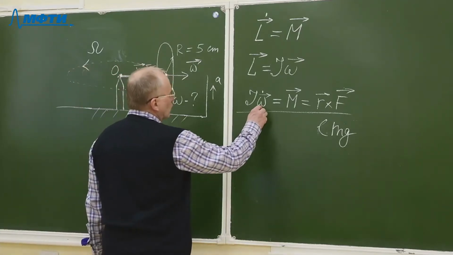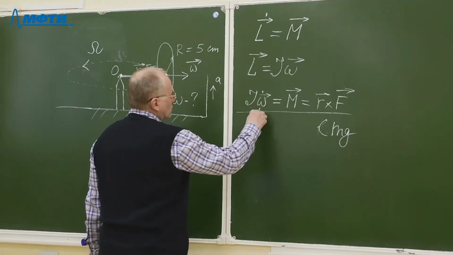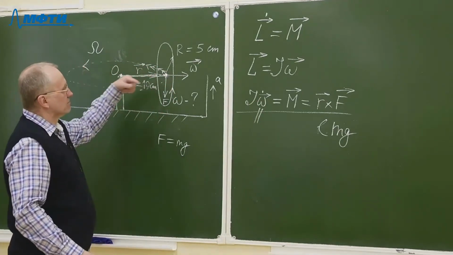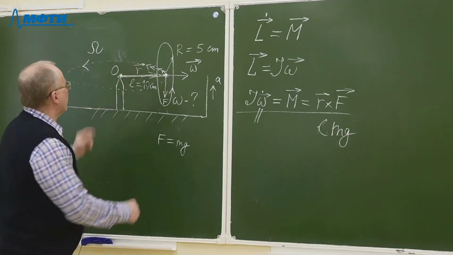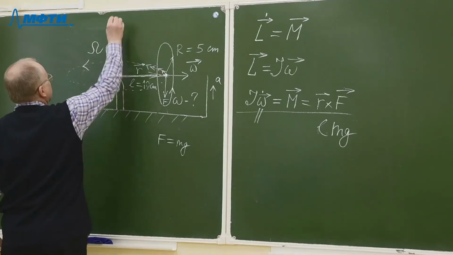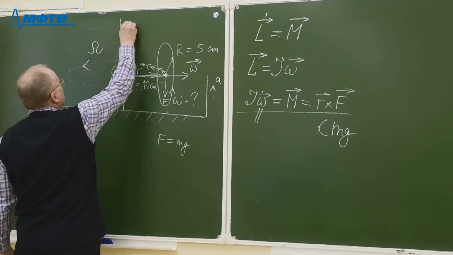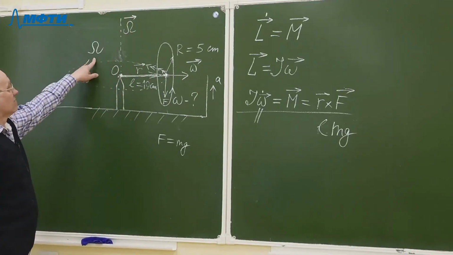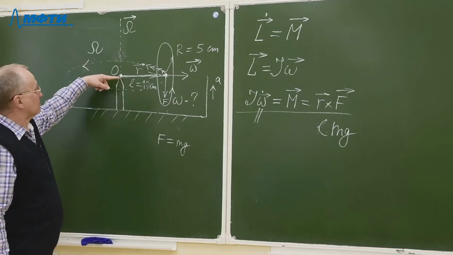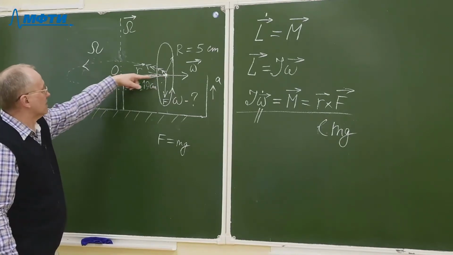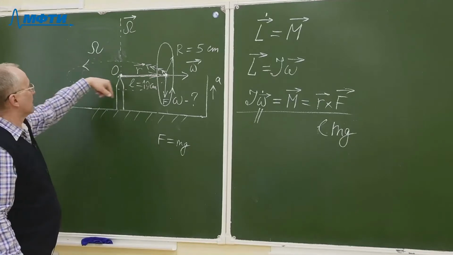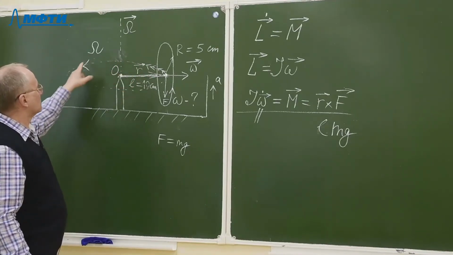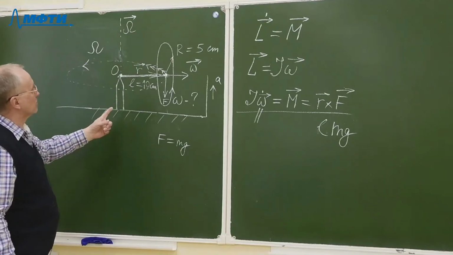And here, omega dot, what is it? Omega is the vector which is rotating about the vertical axis, so that vector omega is directed here vertically. This rod L is rotating in such a way that it goes around the vertical axis of rotation.